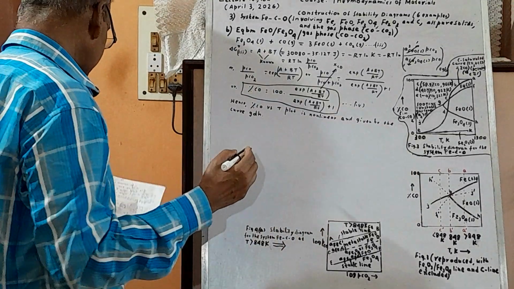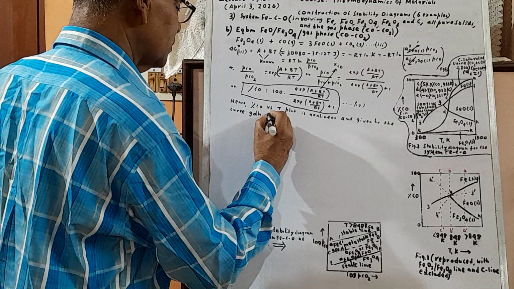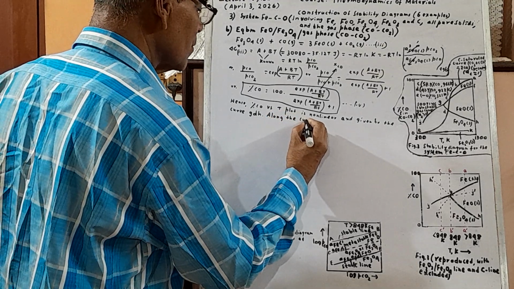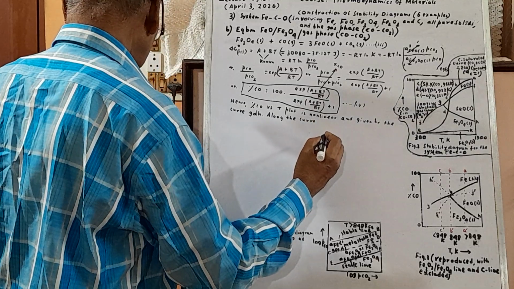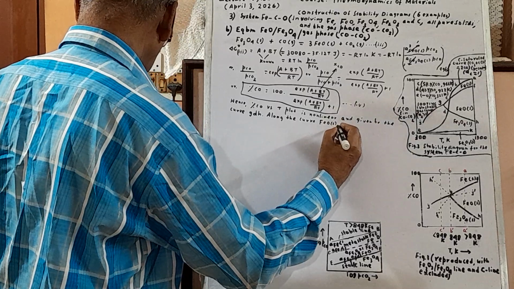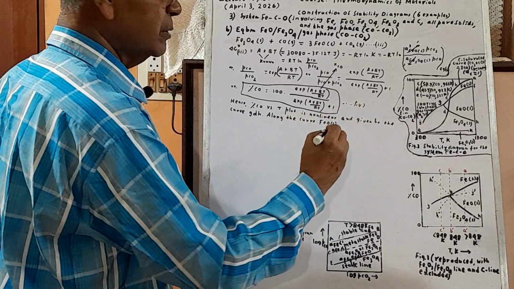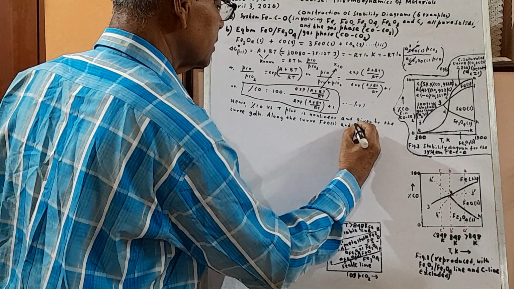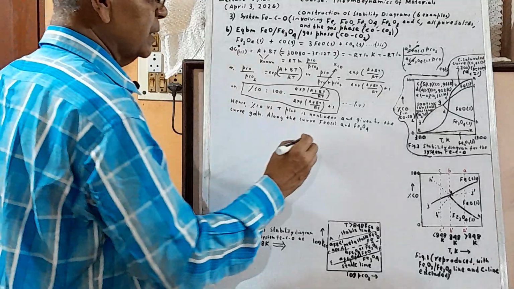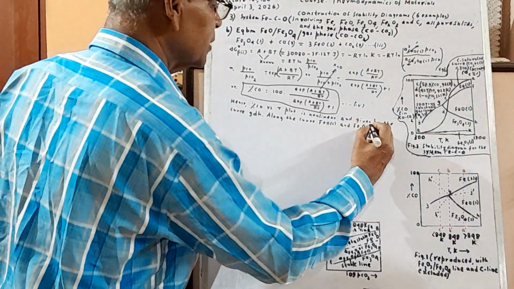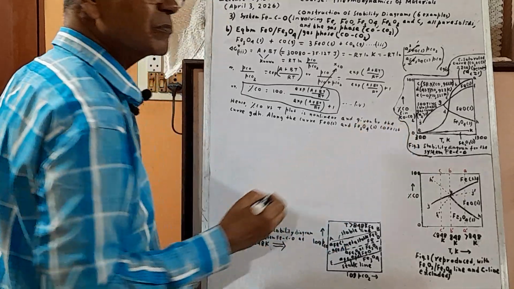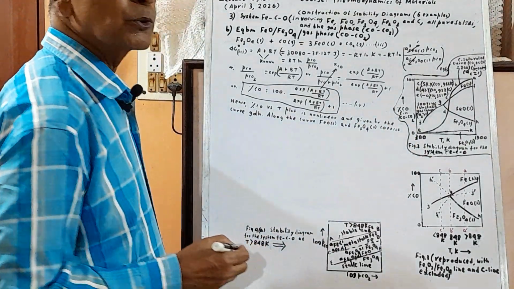Let us write that down here. Along the curve, FeO solid and Fe3O4 solid coexist. Fe3O4 is your magnetite, FeO is wustite, and Fe2O3 is hematite.